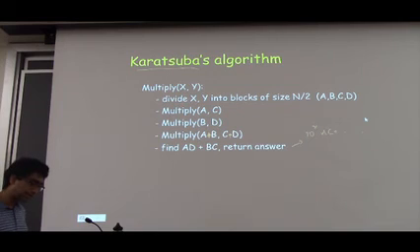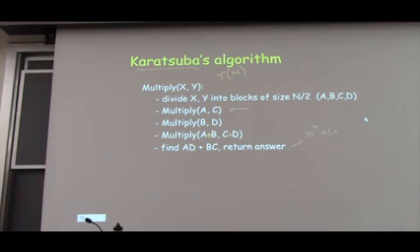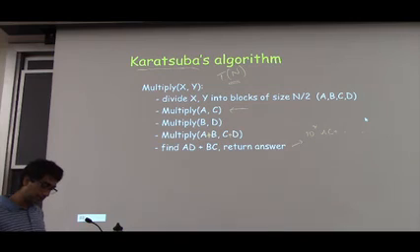So let's analyze the running time of this. What time does this take? Suppose this is T of n. T of n is the running time of this, let's say. Then this is multiplication of 2 n over 2 digit numbers, right? So it's T of n by 2.